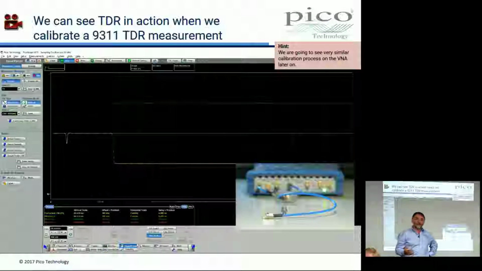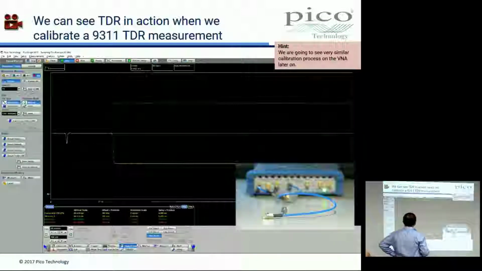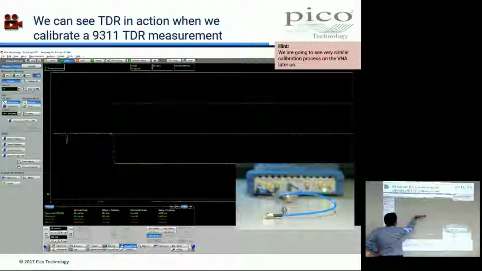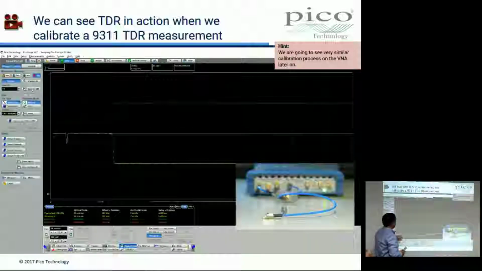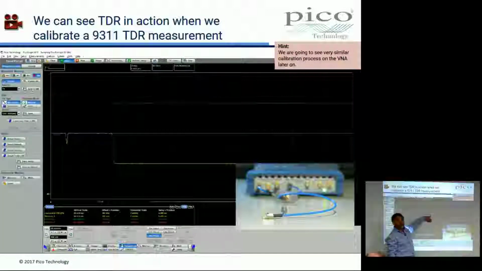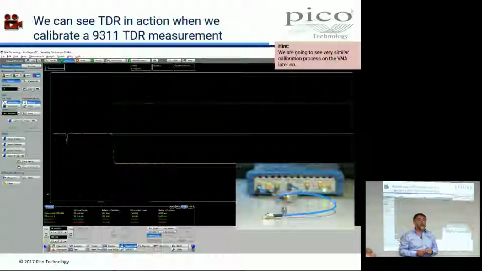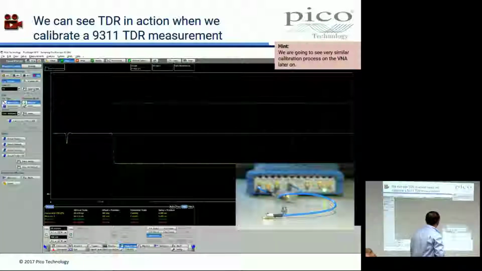So it's not a process that we need to be scared of, because we do it when we sell one of these pups. So open is up here, load and short. And then once we know these, we can measure any impedance in between, can't we? And that's what TDR and TDT does. We're able to measure networks with a fast pulse.